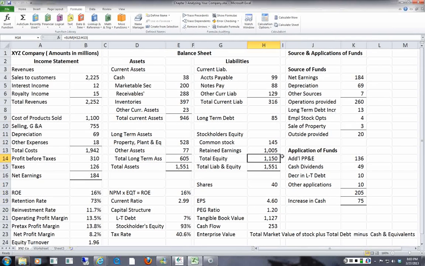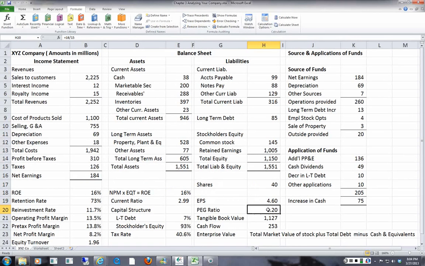Of the total of those two figures, the long-term debt represents 7% of the combination, and stockholders' equity is 93% of that combination. Earnings per share. You all know what that is. There's earnings. The number of shares is 40. Earnings is 184. So earnings per share is $4.60.